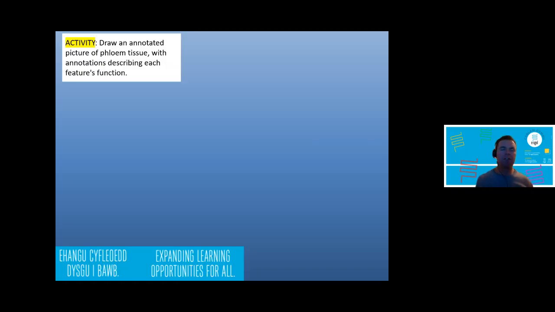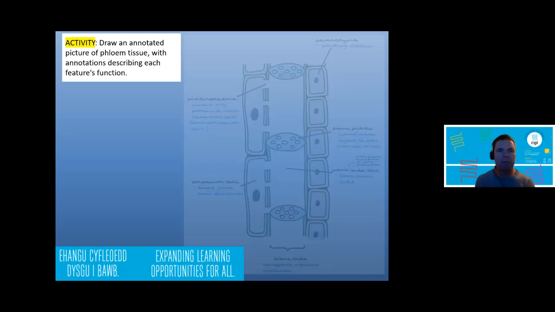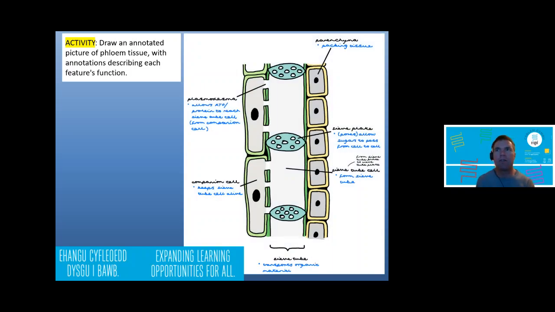And the key features here, another activity that can be done, where you draw an annotated picture of phloem tissue. Look, here's the key stuff that we've got on here. You can see we've got the key features here. So I've got, this is the main part responsible for transporting sugars and amino acids and solutes.